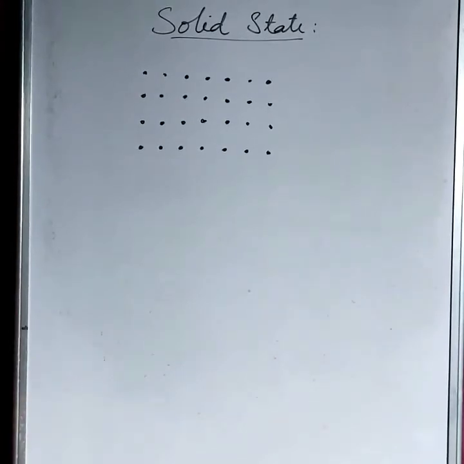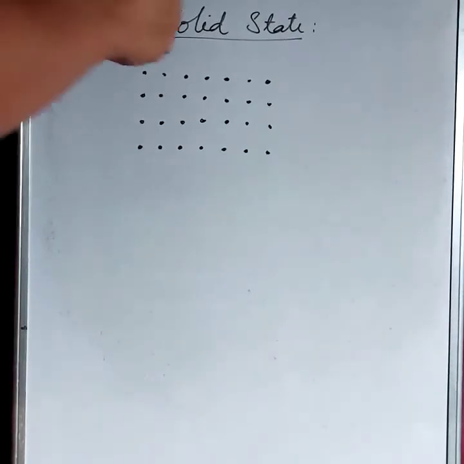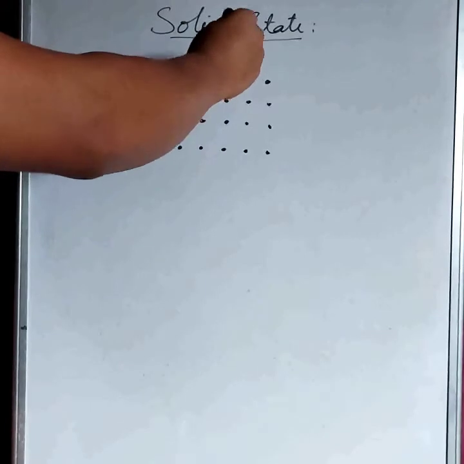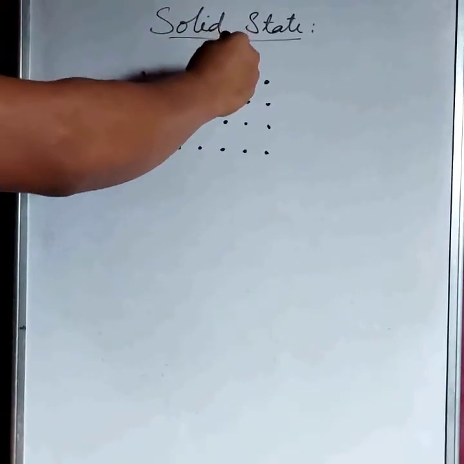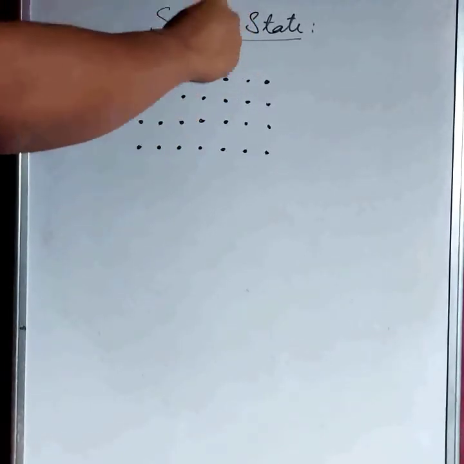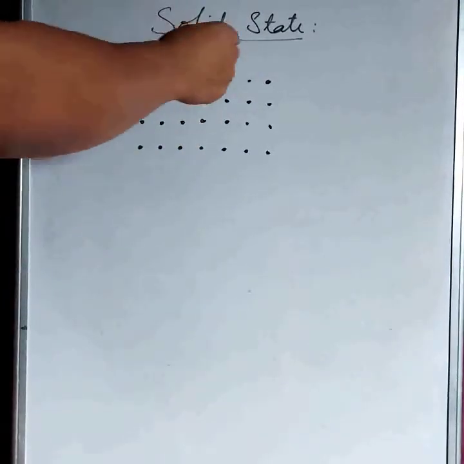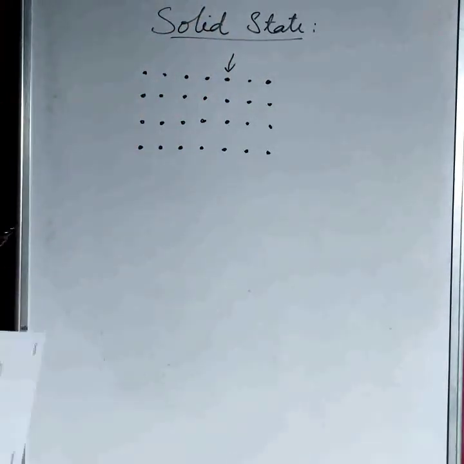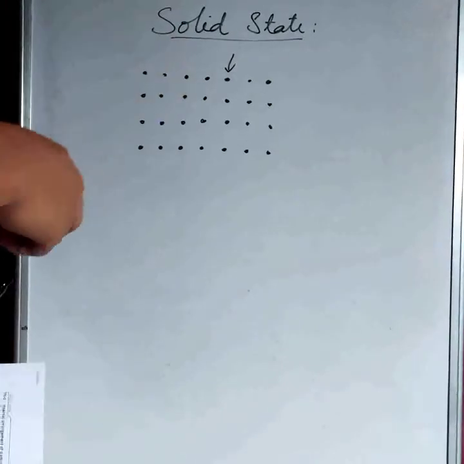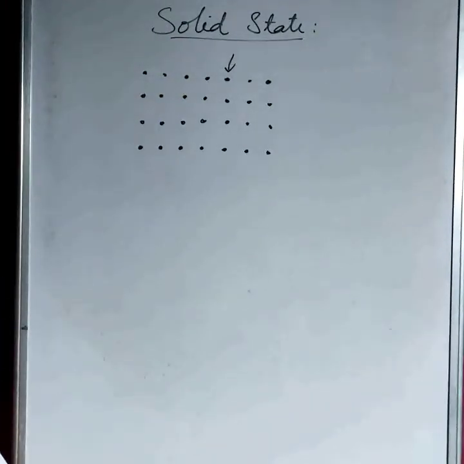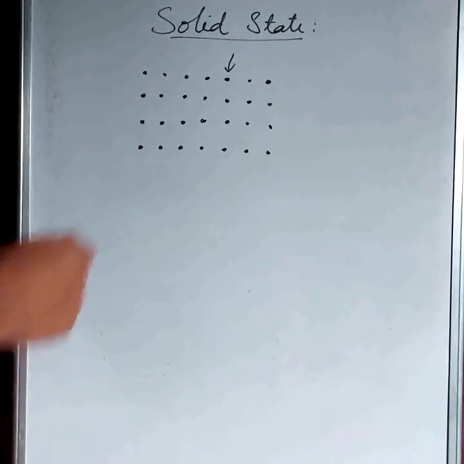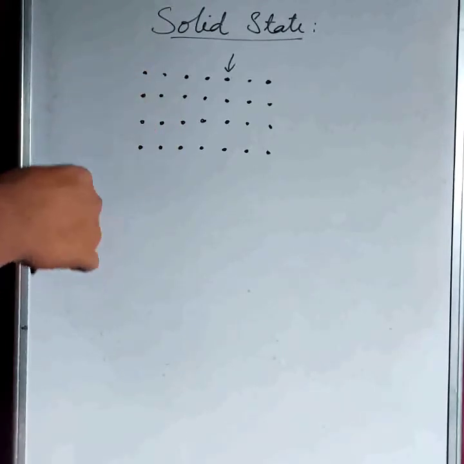As you can see, these are points in space which we call lattice points, and each lattice point can be an atom or an ion that occupies that particular area in space. By connecting the lattice points in space, we can generate different structures.